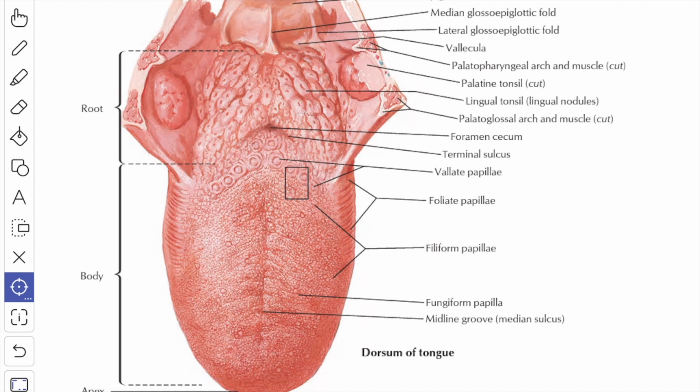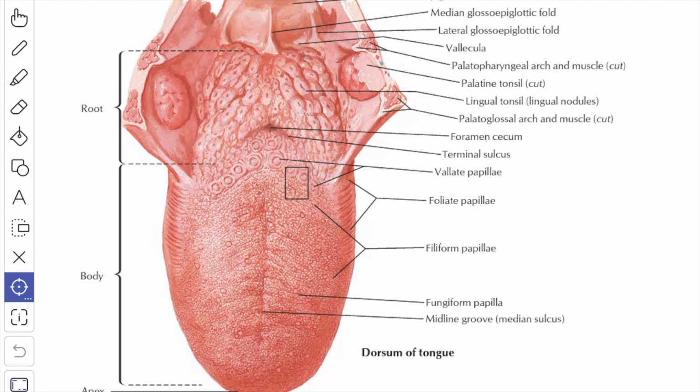When you see the presenting part, the tongue presents a tip. So this is a tip which is also the apex, and then you have the base. So this is the base, and then you have two surfaces. What you are seeing here is the dorsal surface. The surface below this will be the inferior surface, and you have two lateral margins.